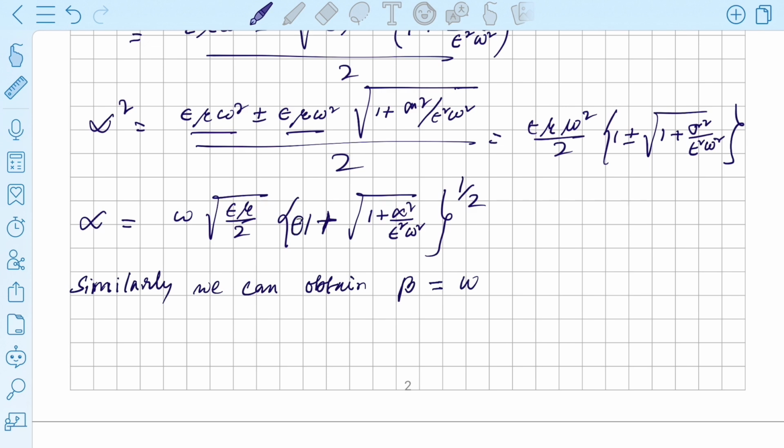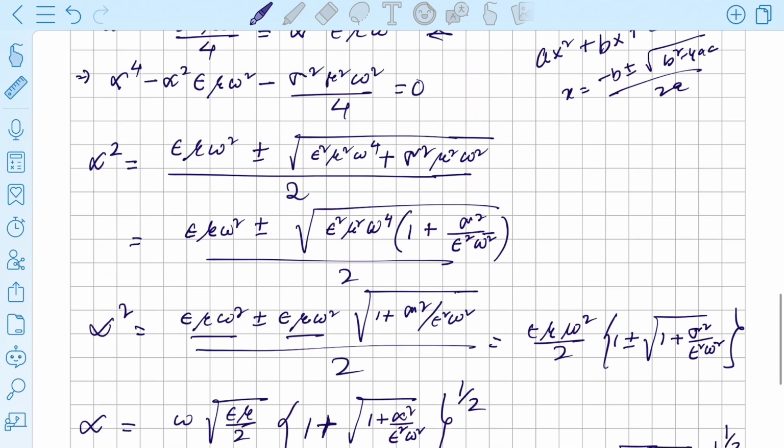There will be a minus sign in case of beta. That's it. Omega root over epsilon mu by 2, within the bracket minus 1 plus root over 1 plus sigma square by epsilon square omega square, whole to the power half, right?